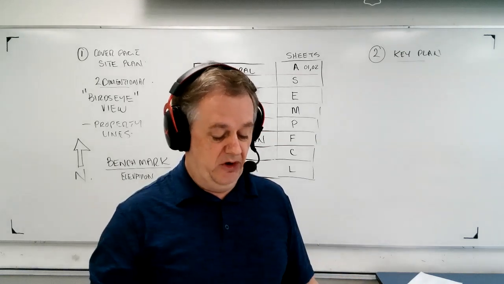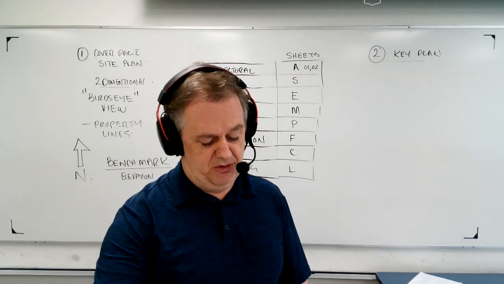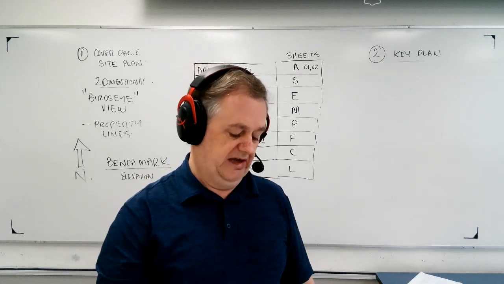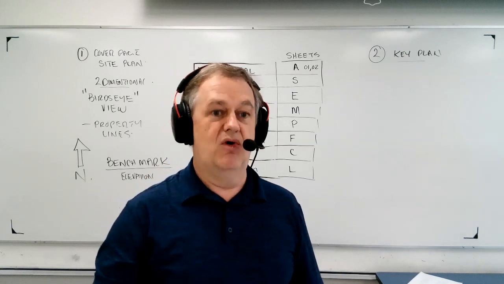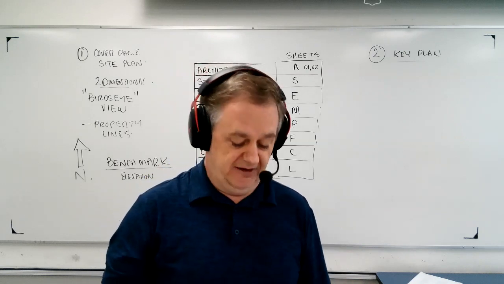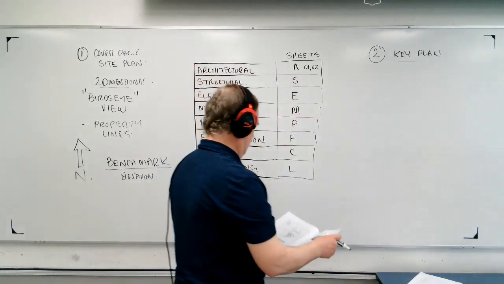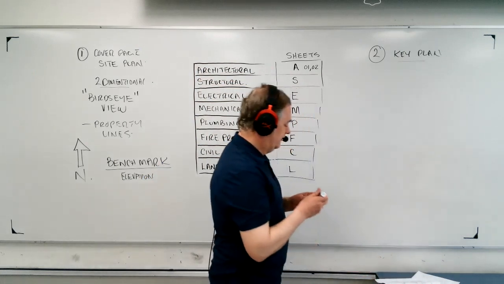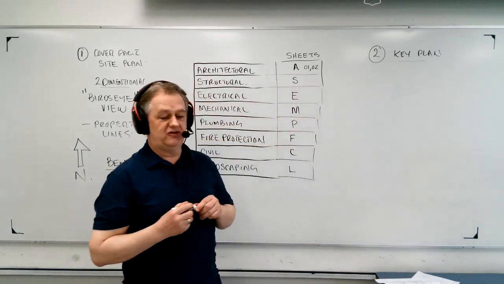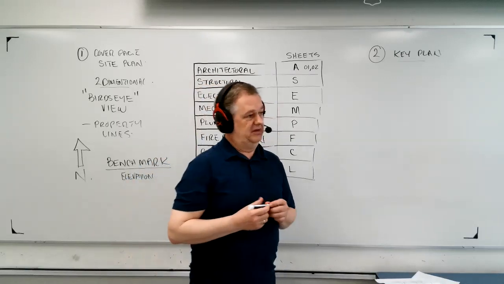You look and go, oh, that's where that lot is, at the corner of McMurray Way and Sawyer Lane, right beside that little green belt. So now you have more information to look at, and that makes sense. They call it a key plan. A key plan is normally a smaller scale than the actual site plan.